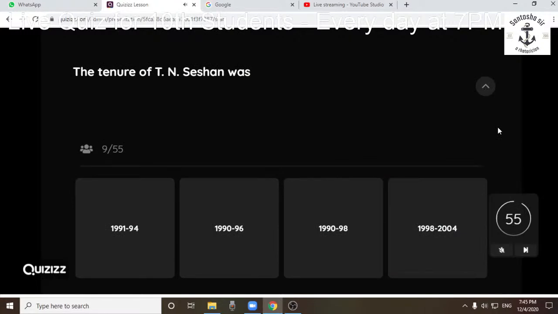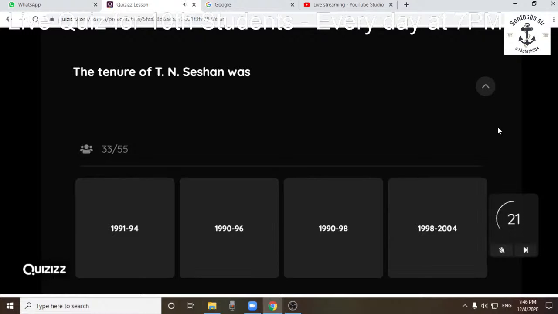The tenure of TN session was from which year to which year did TN session work? Five seconds more. 25 seconds more.